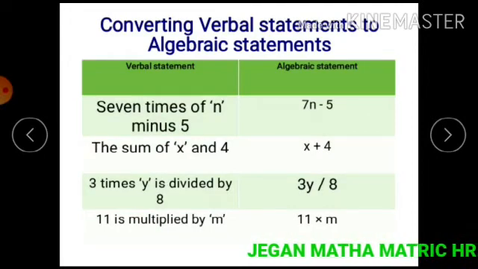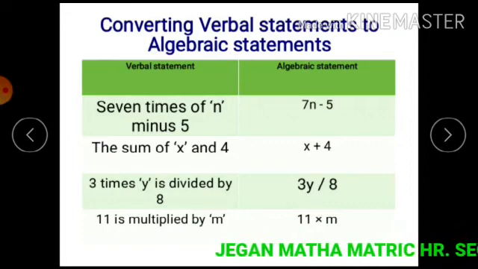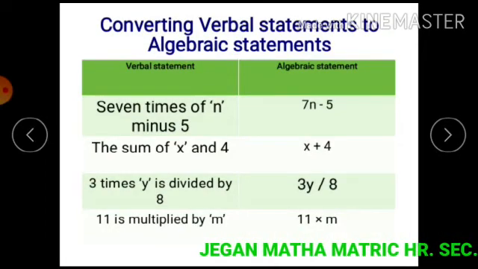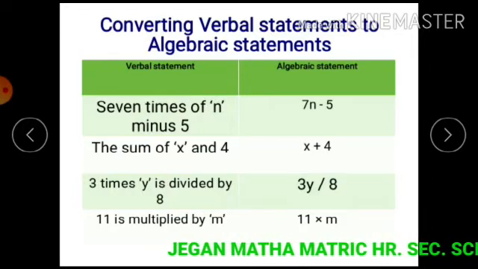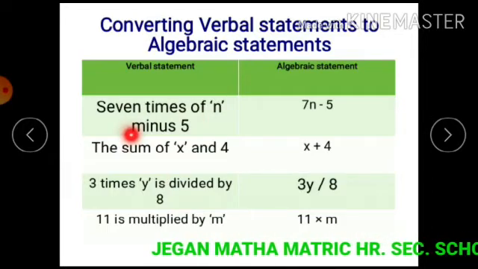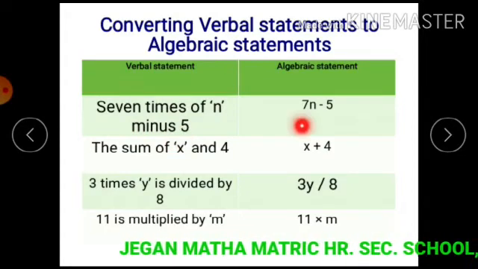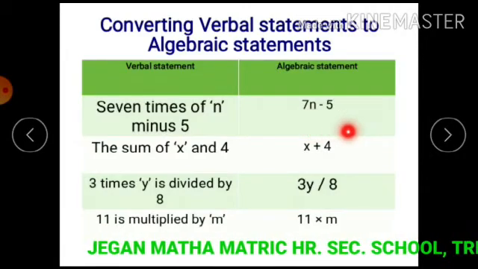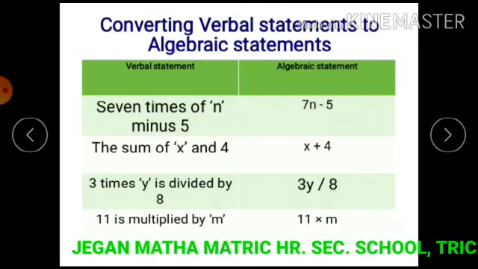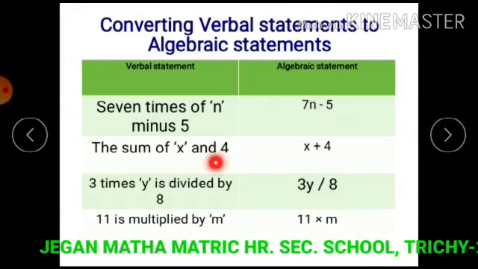Now converting verbal statements to algebraic statements. Few examples are given in this table. 7 times of n minus 5. The algebraic statement is 7n minus 5. The verbal statement is the sum of x and 4.